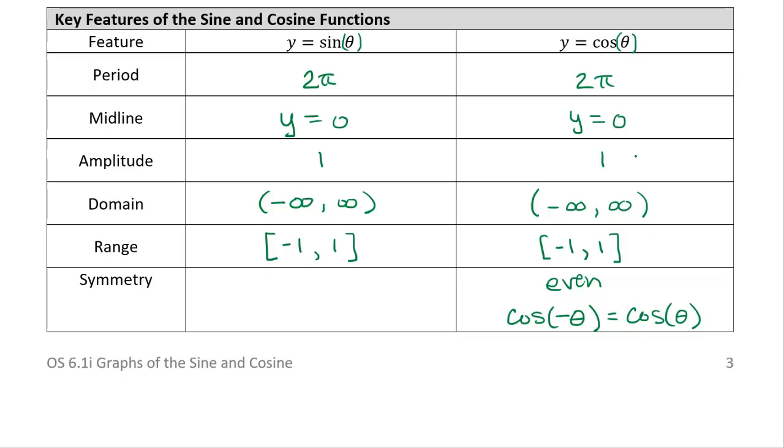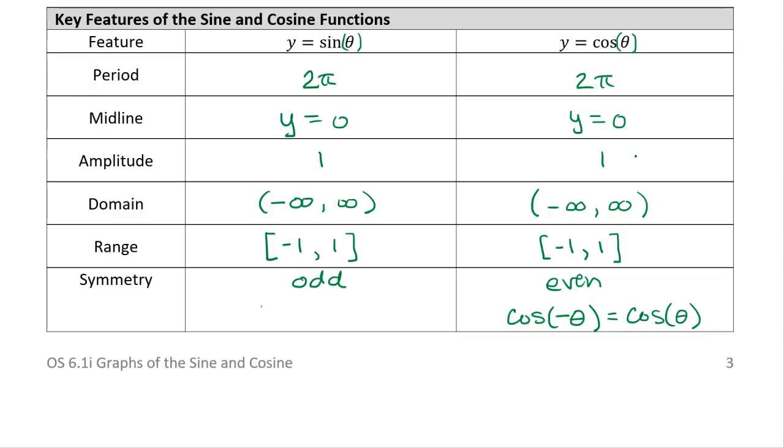Now sine has odd symmetry. We call it odd symmetry because it has the same symmetry as an odd power function. If you look at an odd power function like x cubed, it has a certain symmetry, and if you look at an even function like x squared or x to the fourth, it has that symmetry about the y-axis, whereas odd functions have a different symmetry.